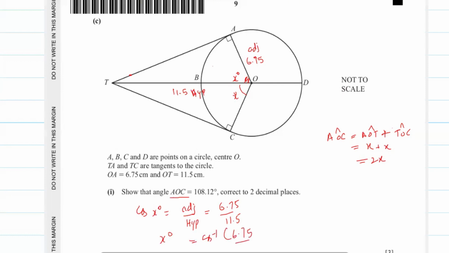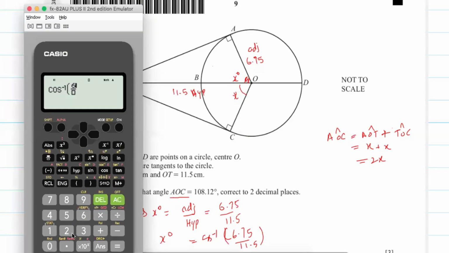6.75 divided by 11.5, and the answer will be cos inverse 6.75 over 11.5, and this will be equal to 54.58.